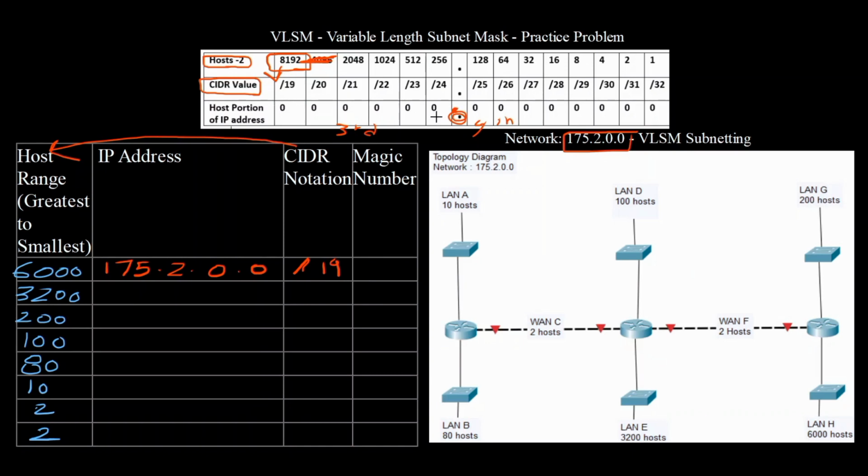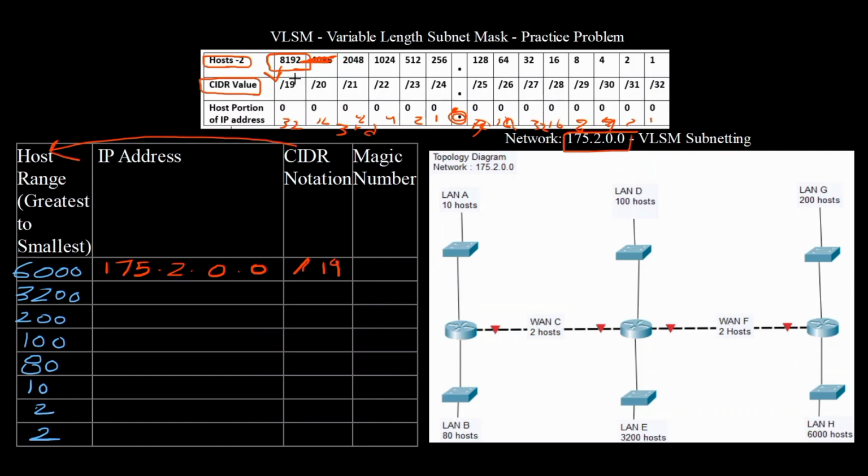So let's find the binary value for the third octet. As you know, it's a fixed sequence: 1 2 4 8 16 32 64 128. Again, 1 2 4 8 16 32, right?